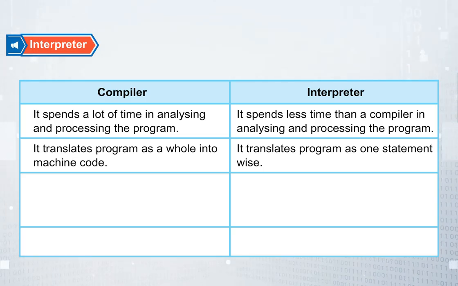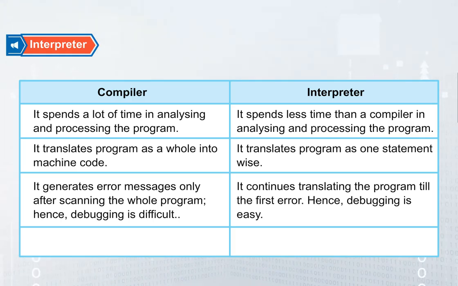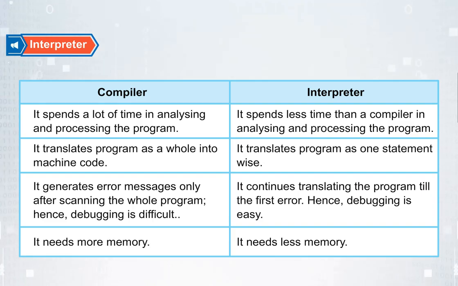Interpreter: it translates the program statement by statement. Compiler: it generates error messages only after scanning the whole program, hence debugging is difficult. Interpreter: it continues translating the program till the first error, hence debugging is easy. Compiler: it needs more memory. Interpreter: it needs less memory.